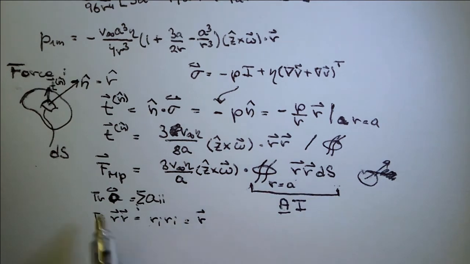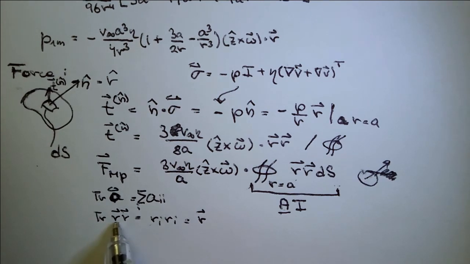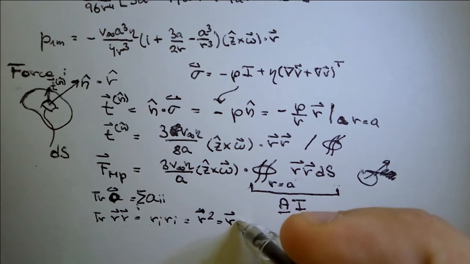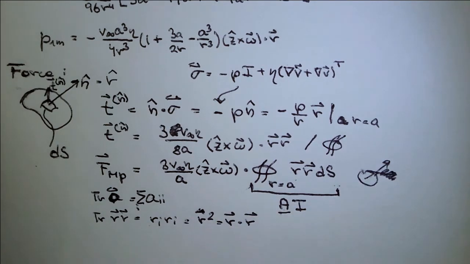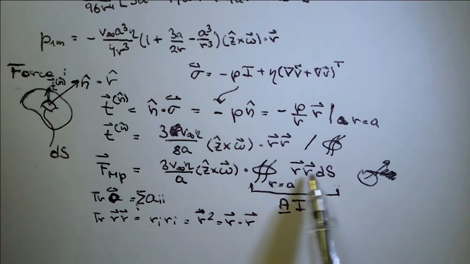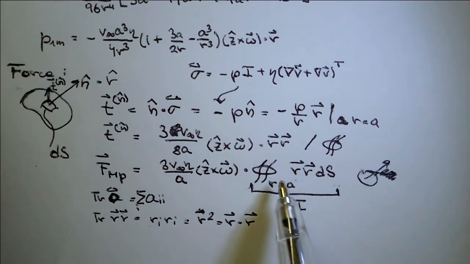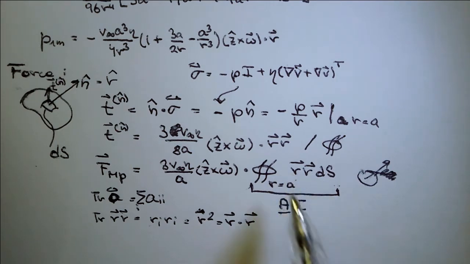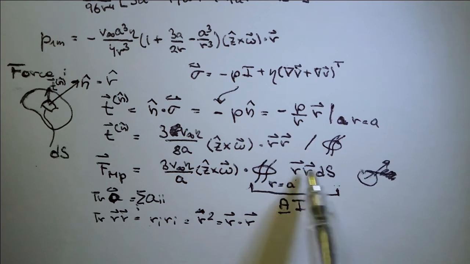In the other way, the trace of a tensor which is split into two parts is just their dot product, so this can be interpreted as the dot product, and this holds for all these. The second approach is to take the dot product in the first place. You can take the dot product between these two vectors, which is r squared, and in the case r equal to a, this is a squared.